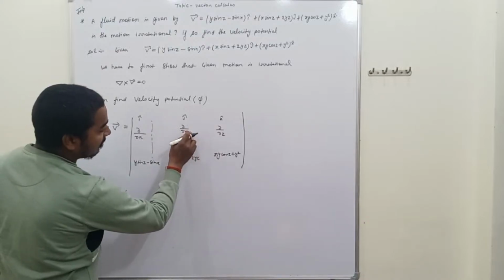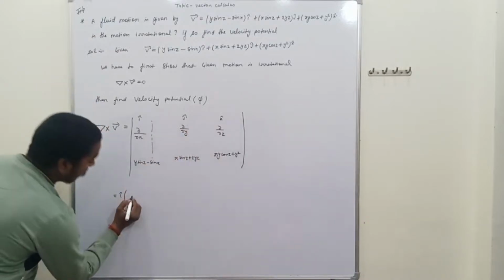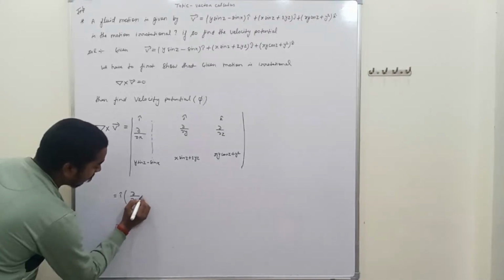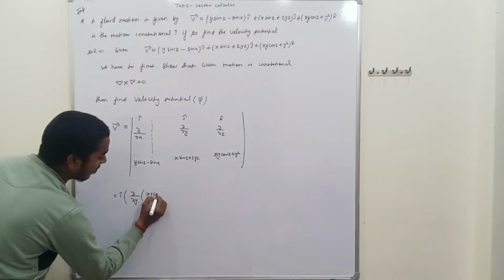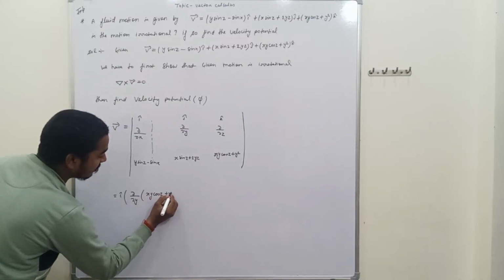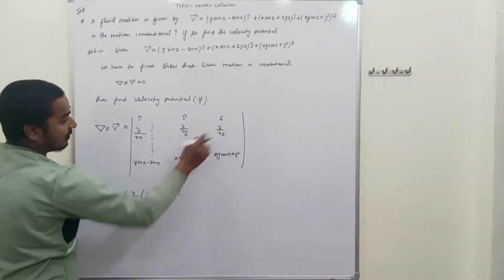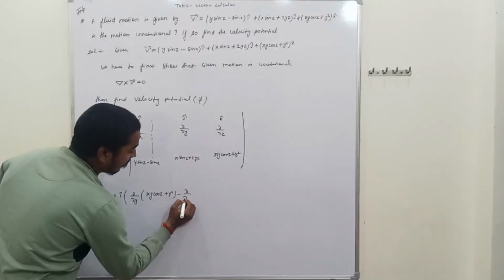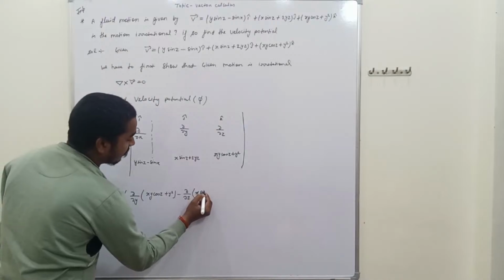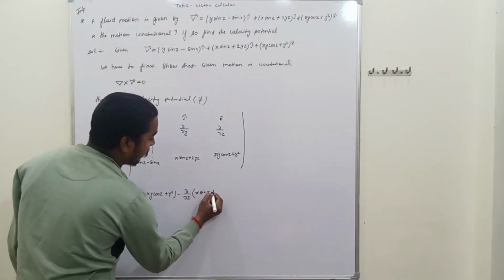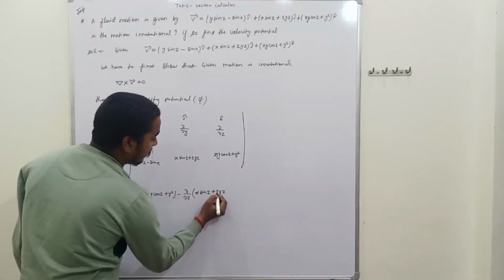Then we have to cross multiply: del y of xy cos z plus y square, minus del upon del z of x sin z plus 2yz.